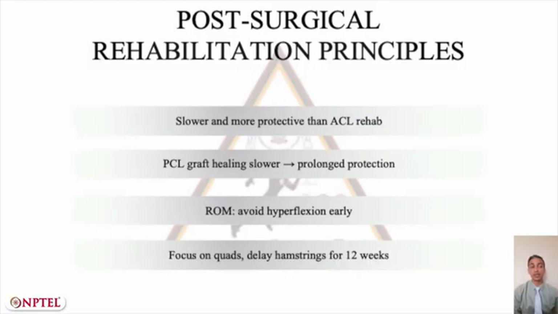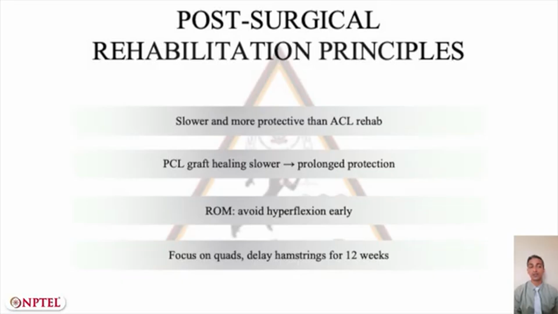So, weight bearing and range of motion must be carefully progressed in cases of PCL injury reconstruction. Hyperflexion is avoided in the early phases of rehab to protect the PCL graft.